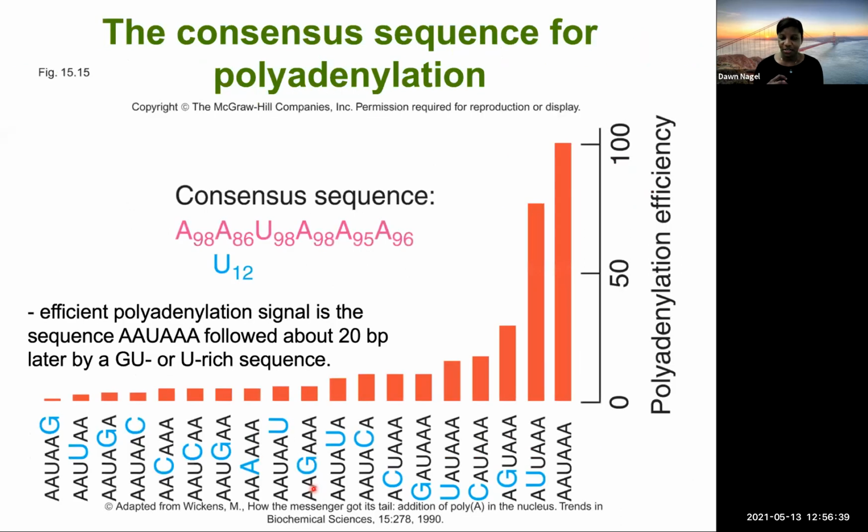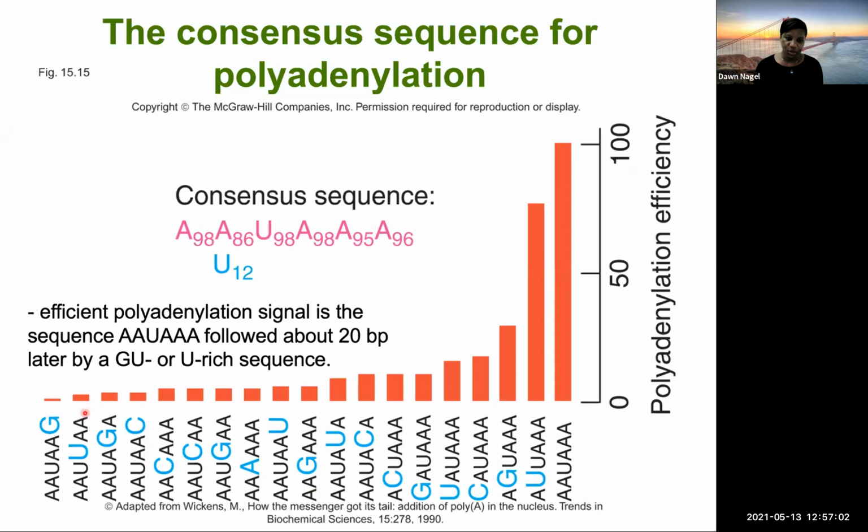What determines where that mRNA is going to be cleaved, or where the polyadenylation sites are? We know this from looking at hundreds of different mRNAs within eukaryotes, to look for features that might be similar to indicate whether or not this is the site that's being cleaved.